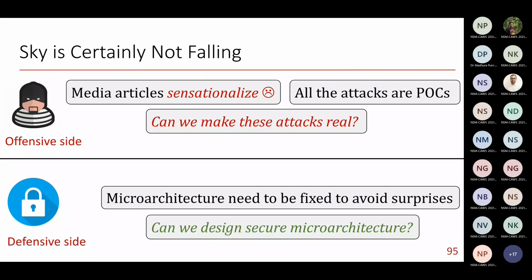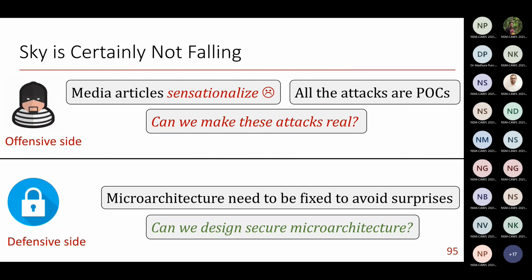So that's why it's important to come up with more and more attacks and try to find more and more vulnerabilities on the offensive side of research. And on the defensive side, the entire community now has to go down to first principles: how can we redesign whatever we have designed in the last 40 years in a way which will make everything secure?